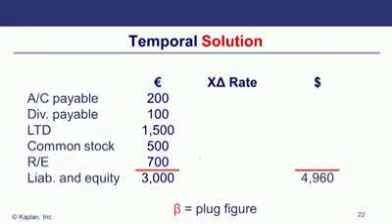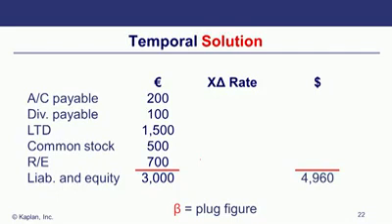Okay, so let's turn our attention now to the bottom of the balance sheet. The first thing is we know what liabilities and equity must come to for the balance sheet to balance. Given our assets were 4,960, liabilities plus equity must be 4,960. So let's run down our liabilities. Accounts payable is a monetary liability, so that will be the closing rate.